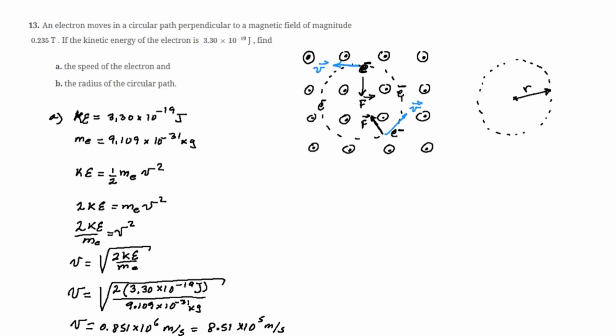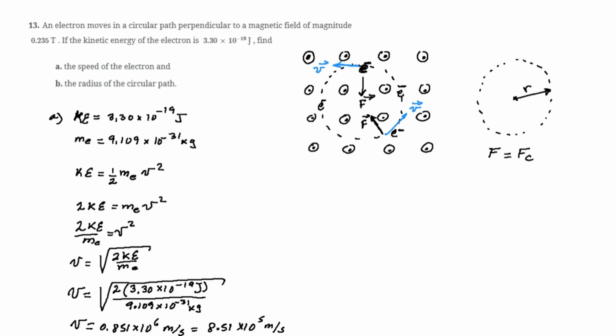So we know that in this case, I would make my magnetic force equal to the centripetal force. We have done this before.